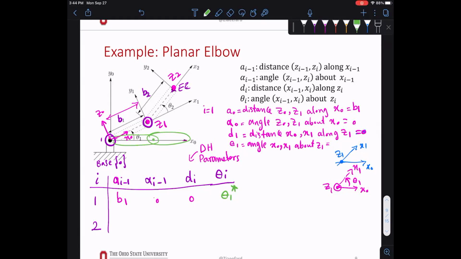So when we say joint 2, I equal 2, so you have A1, alpha 1, D2, theta 2. Since this is revolute, you know that your variable is going to be theta 2 star, right? Now try to find this parameter, sorry, not all variables.